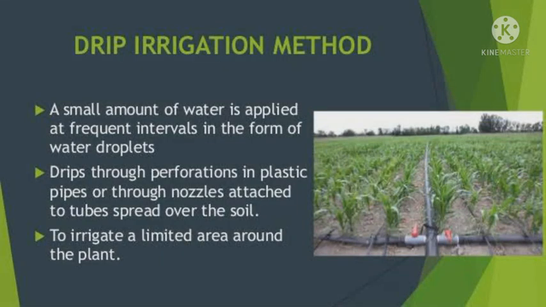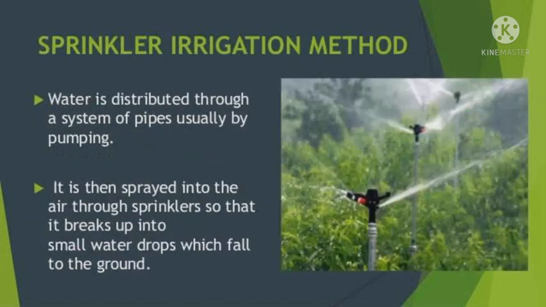Drip irrigation method. In this method, a small amount of water is applied at frequent intervals in the form of water droplets. It drips through perforations in plastic pipes or through nozzles attached to tubes spread over the soil. It is used to irrigate a limited area around the plant.